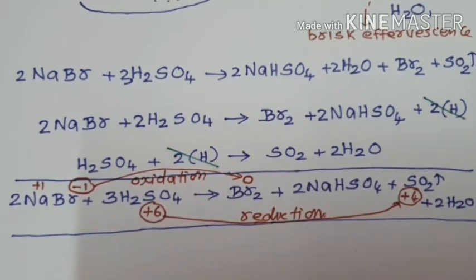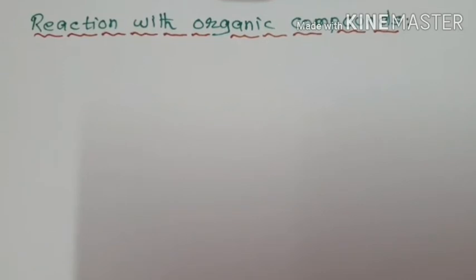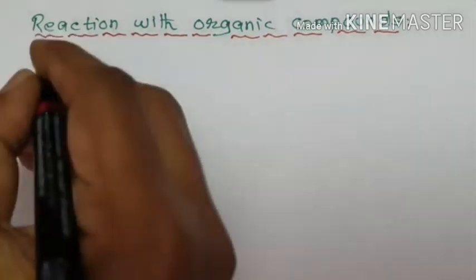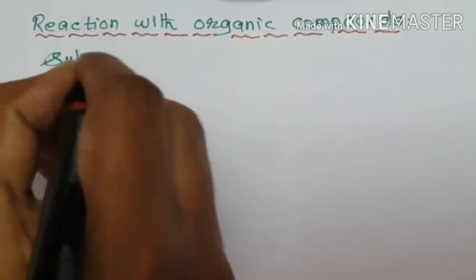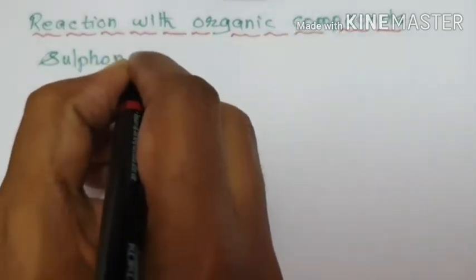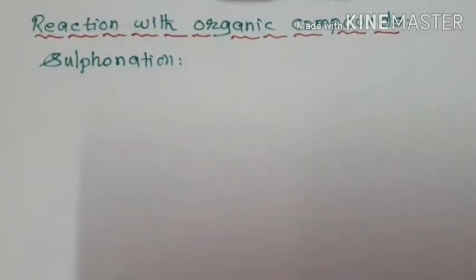Now we are going to discuss how sulfuric acid reacts with organic compounds. Reaction of sulfuric acid with organic compound. The first member of organic compounds is benzene and the reaction is called sulfonation. What is sulfonation?